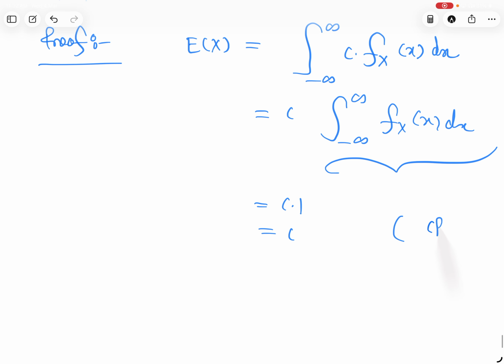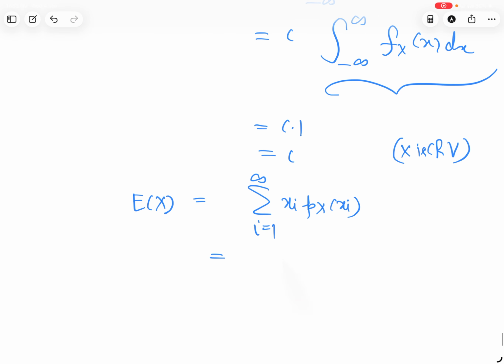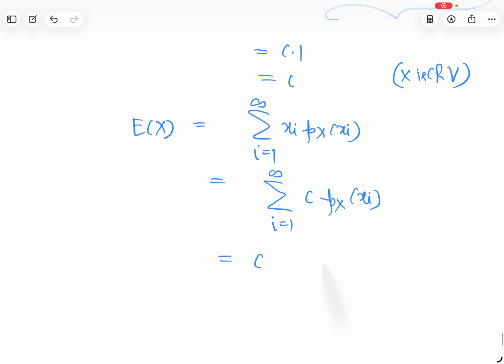This we have done because if X is a continuous random variable, we will use the integral formula. Similarly, if it is a discrete random variable, we use summation. So this value is C every time. C will come out. So this is 1.